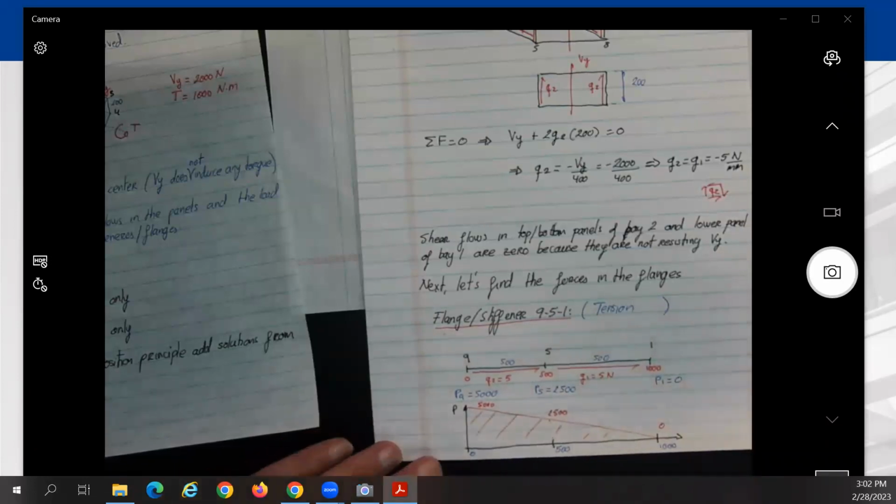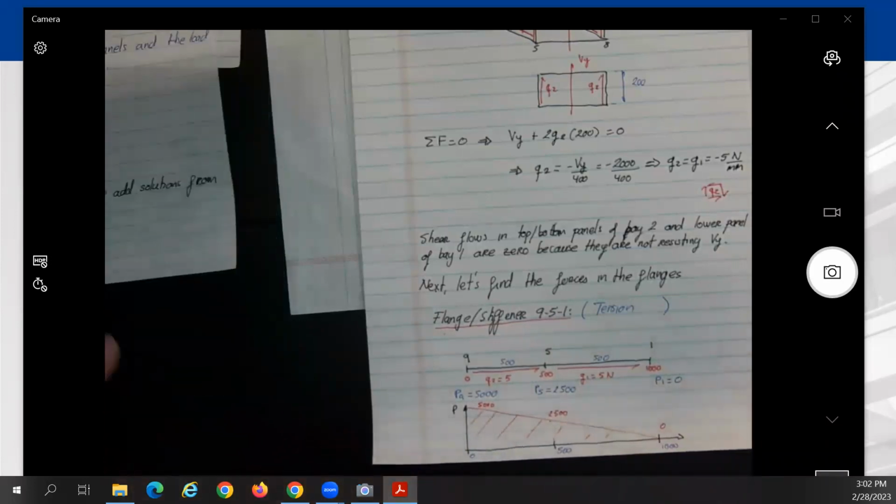Okay, and because we are looking at the lower one, it will be in tension. Does that make sense or not?